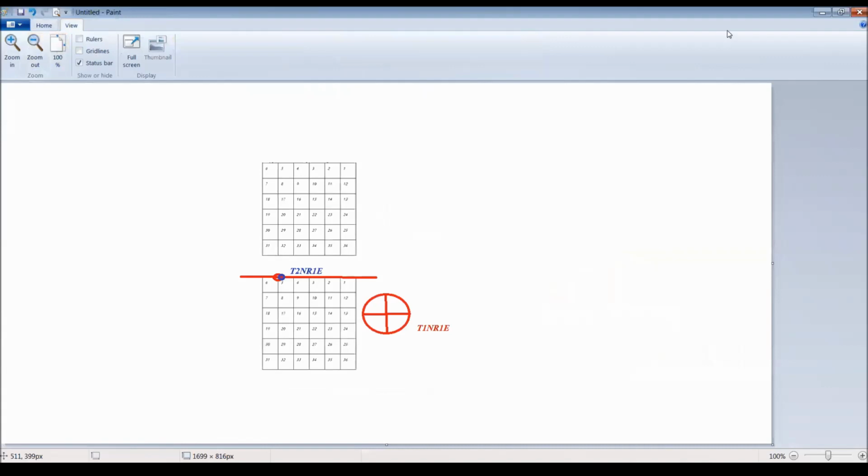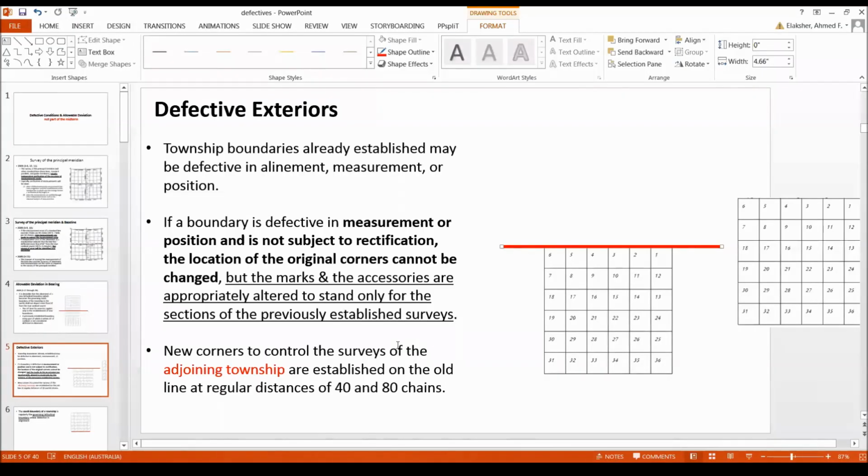Let's go over the wording again, and maybe I can show it one more time. If a boundary is defective in measurement, so the monuments are set incorrectly for this southern township, and it's not subject to rectification, meaning it has been approved by the government, so I cannot change anything.